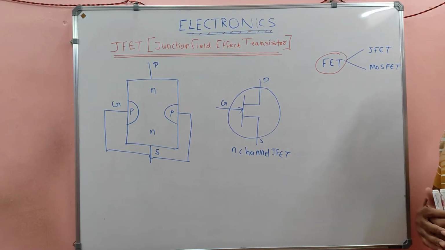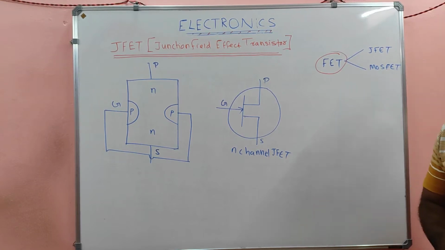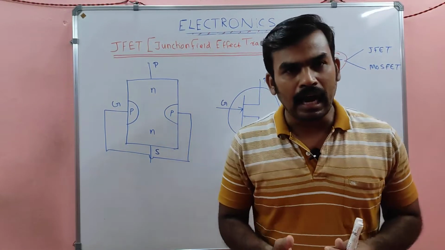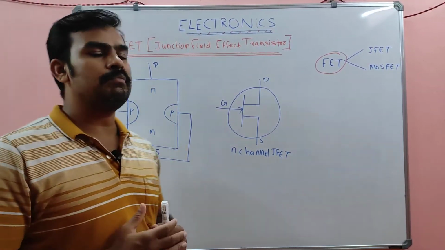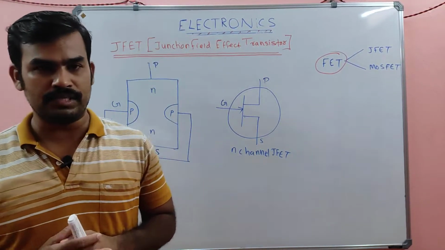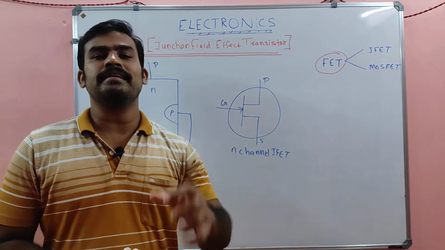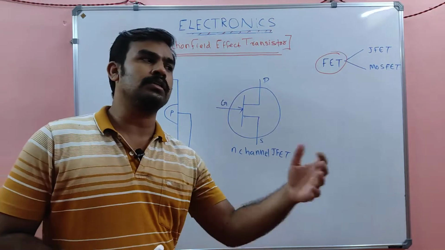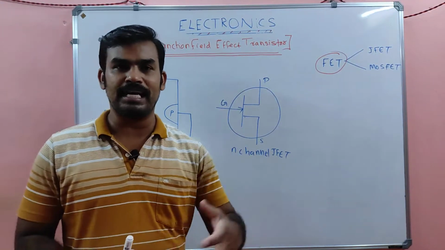One more very important point is that FETs are unipolar devices. BJT means bipolar junction transistor. Why the name bipolar? There the total conduction is by both the electrons as well as the holes.